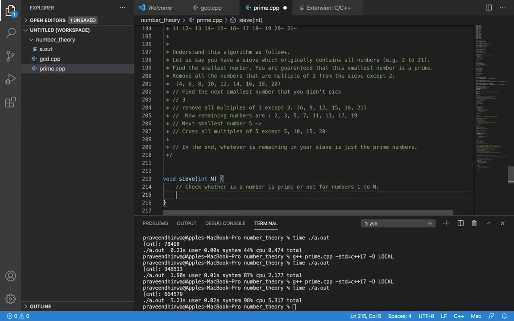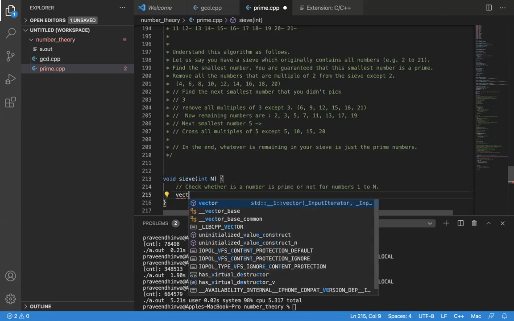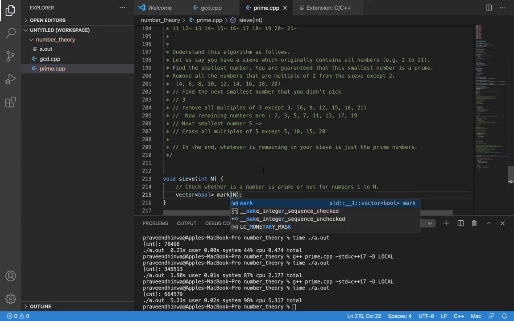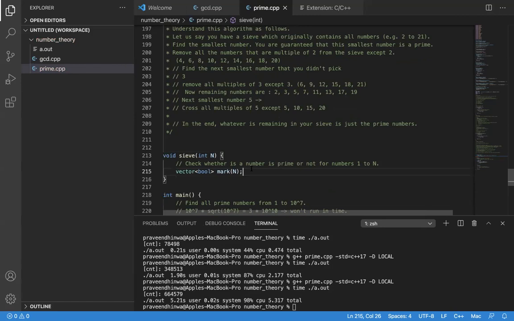So what do I do? I create, let's say, a vector of Boolean, prime sieve, let's call it is_prime of n. That's a mark of n. So initially I say all the numbers are prime. Initially all the numbers are in my sieve, so I'm saying all the numbers are prime.